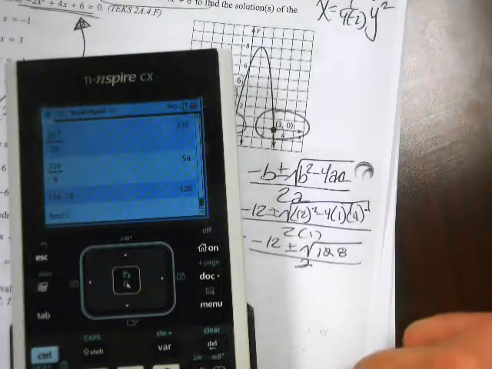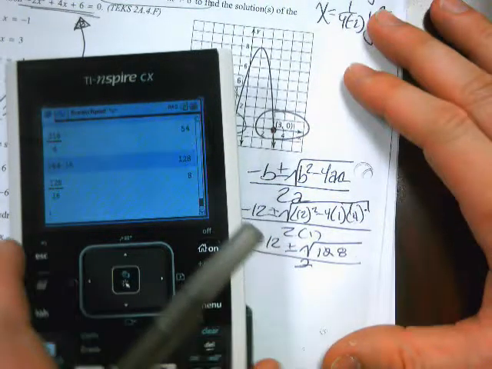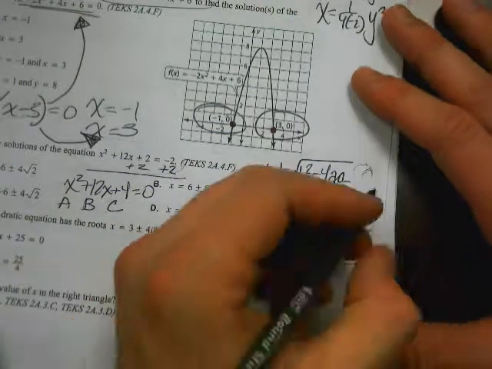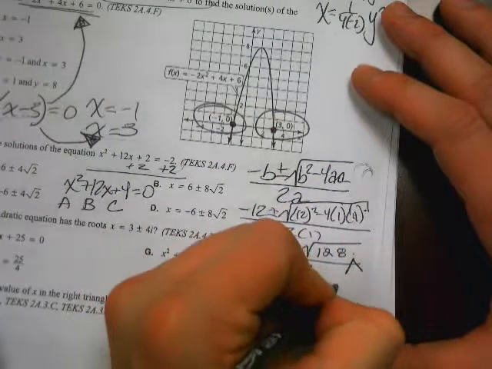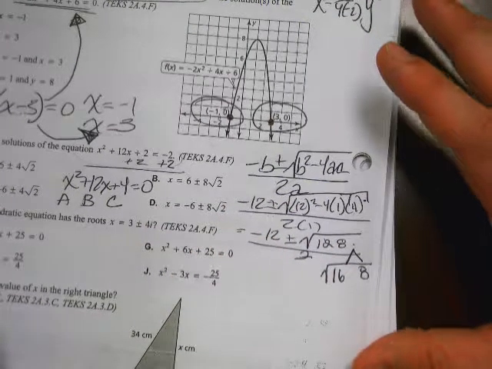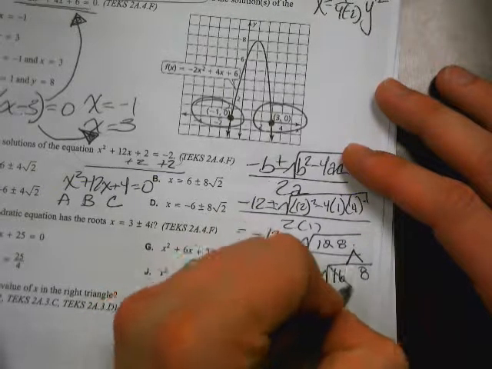128 can factor for us into 16 times 8. This is all under the radical again, so the square root of 16 is 4.